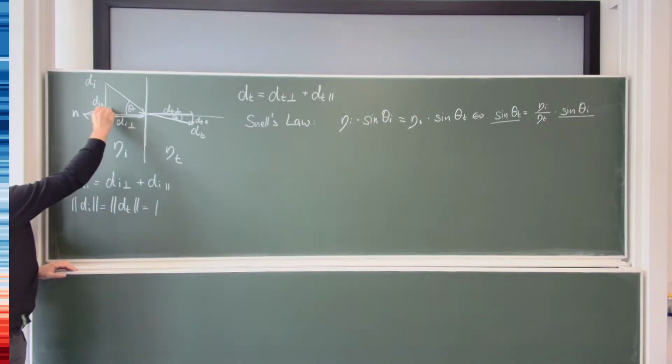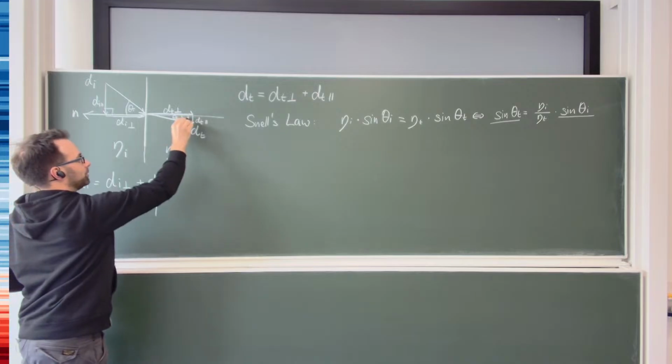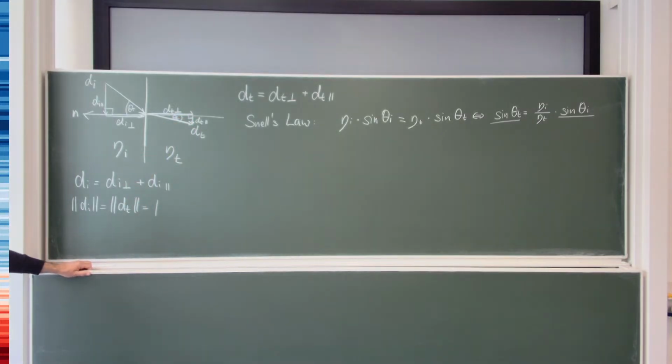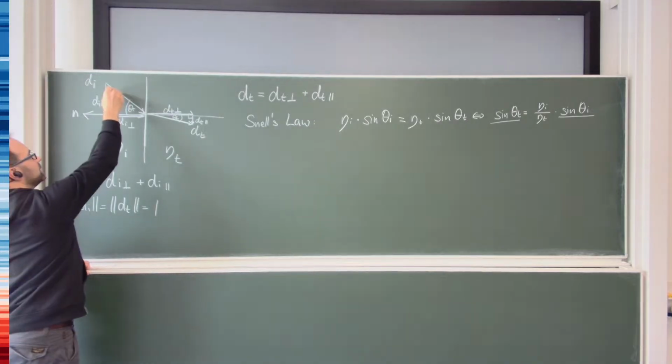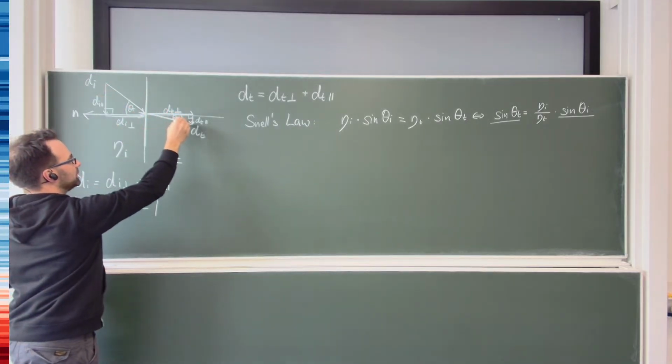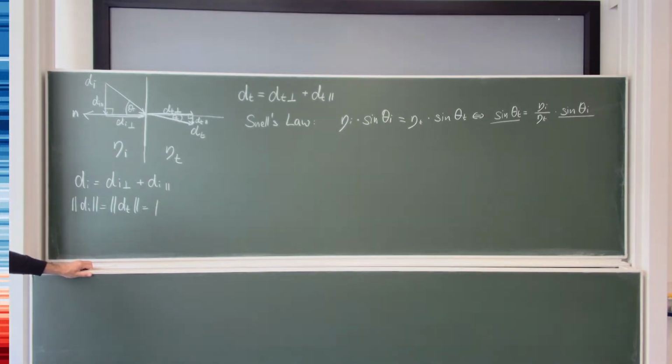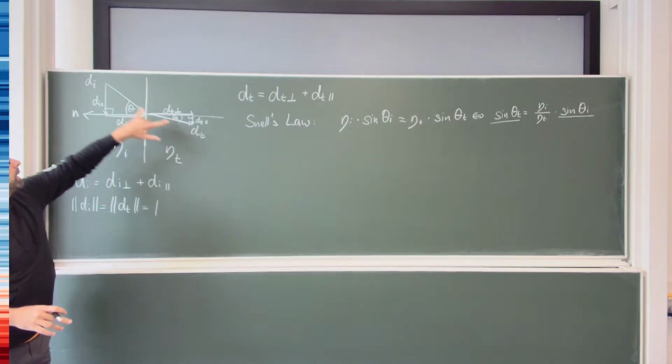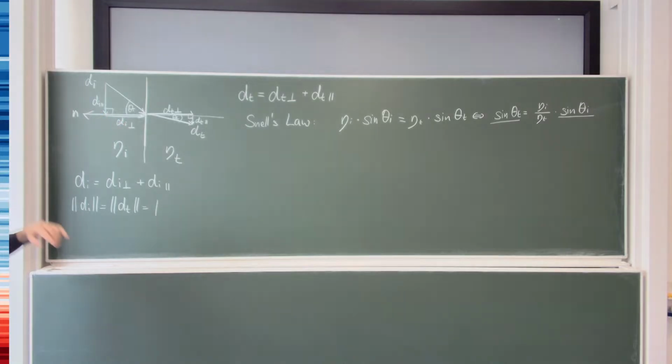Just once again, this is a right angle. This is a right angle, so those are right triangles. This is di. This is dt. We know the length of it. Both are 1. It's terribly drawn, by the way. This is the length 1, and this is also the length 1. But it doesn't matter for the sketch. Can you see the sine of the thetas in the drawing?